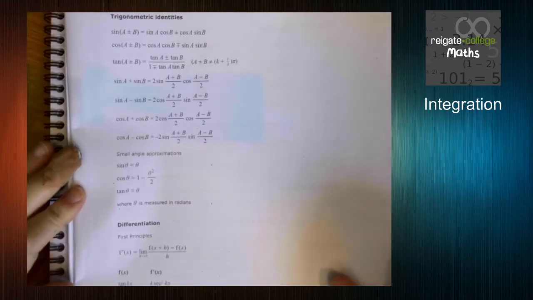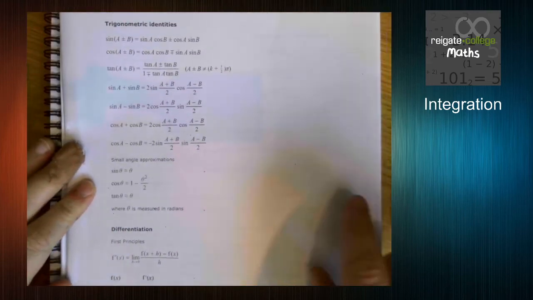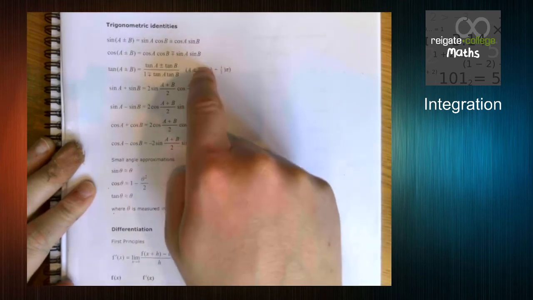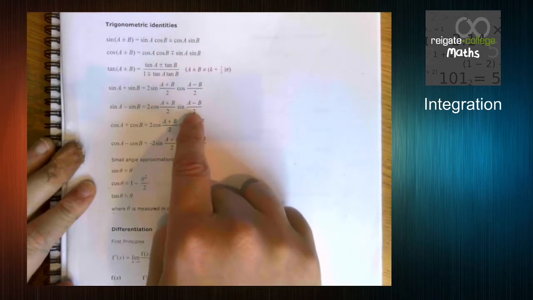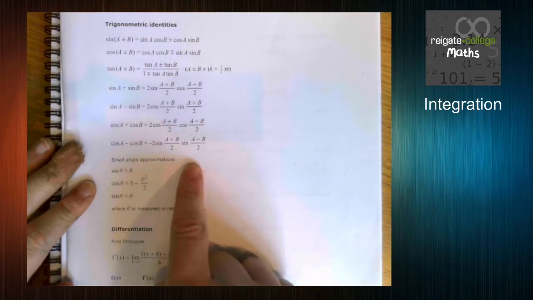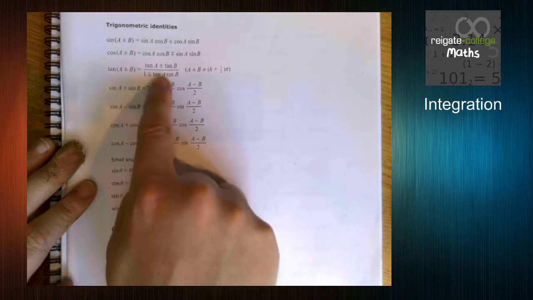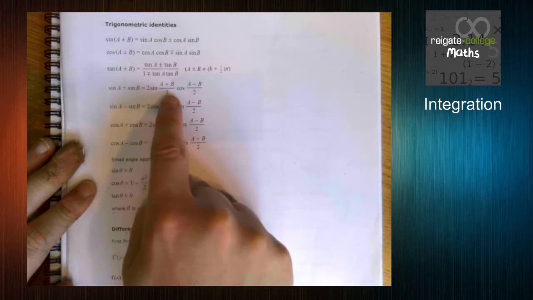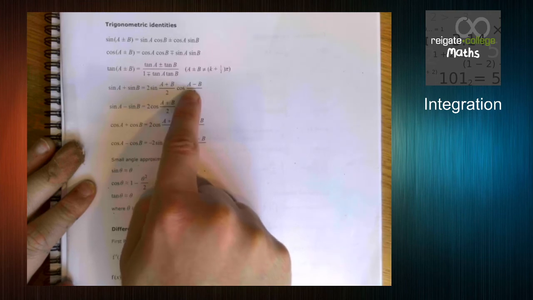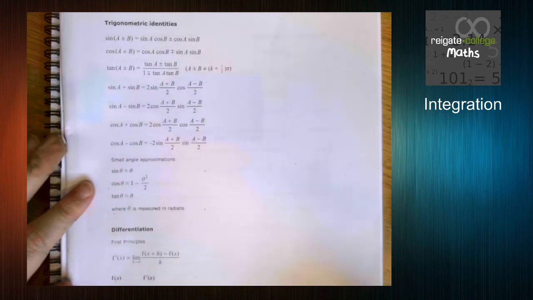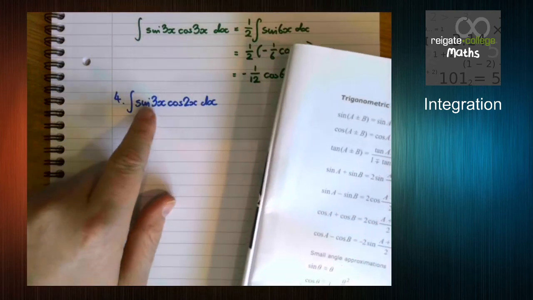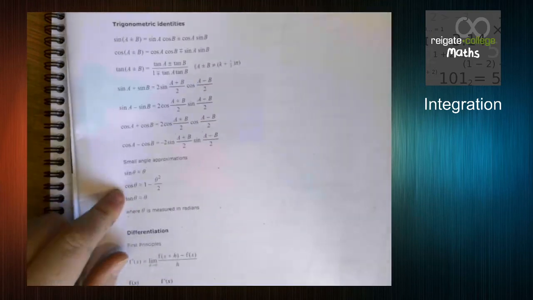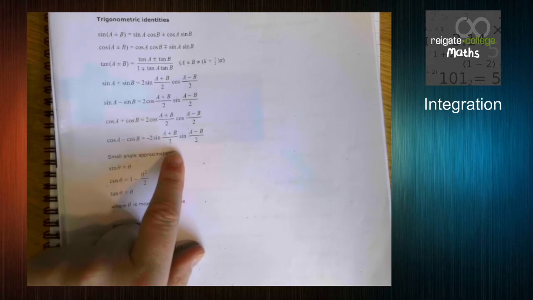So if we look here, we can see we've got the addition formula here. We've got these extra ones underneath. So this is how we can think about, well, what happens if our angles are different. So we have still a sine times a cos. So let's look at these here.